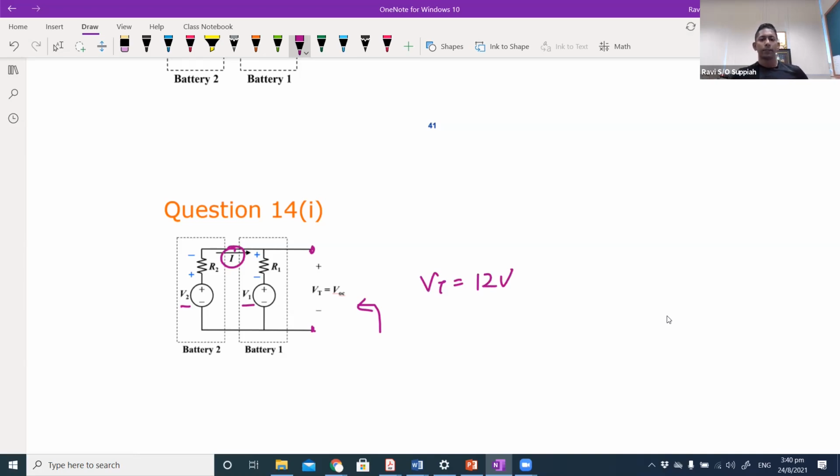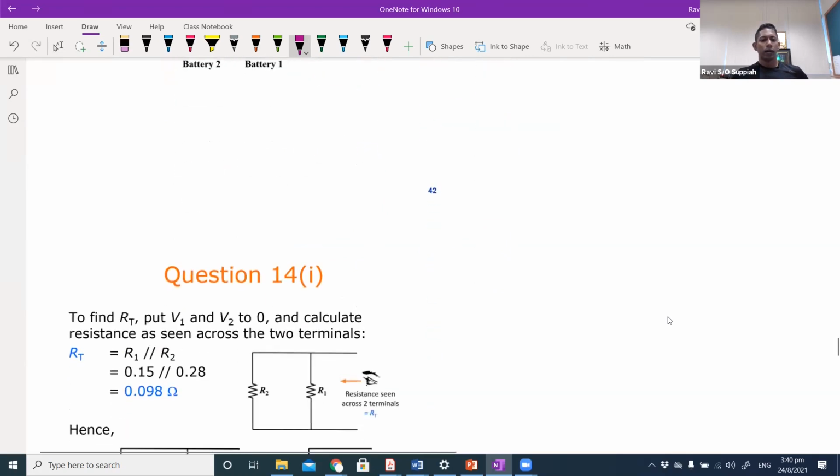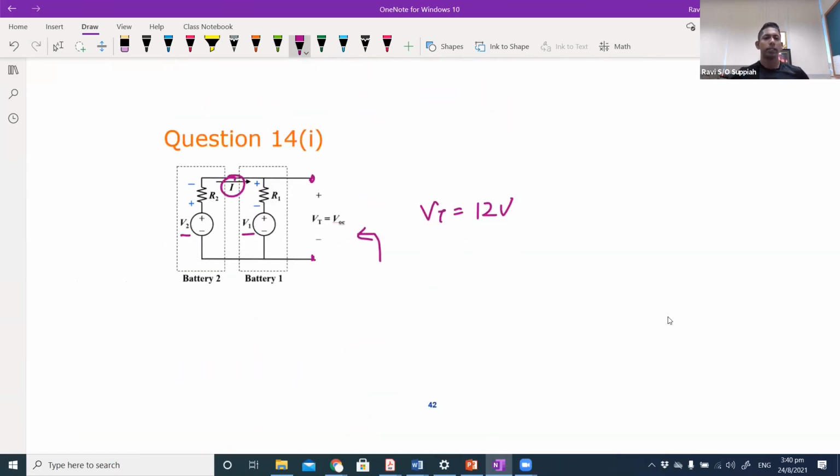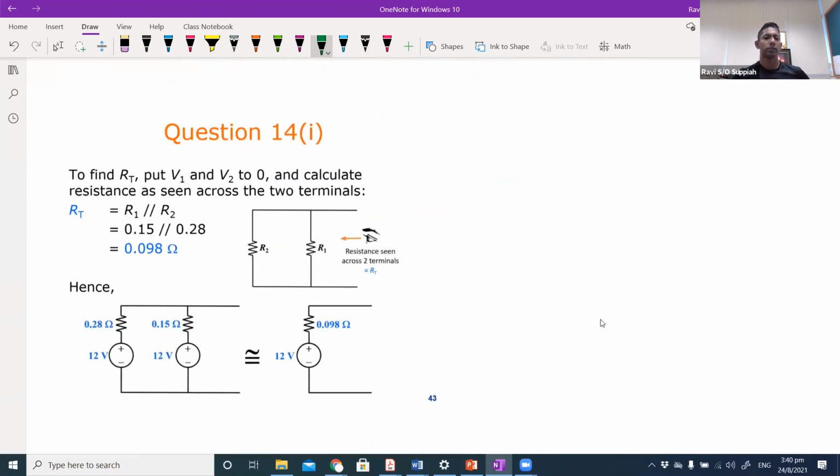In terms of the RTH, you remove both the supplies and short circuit them. Like I said, if you imagine the current that comes here will split into this branch and this branch, which means that both of them are in parallel. When both of them are in parallel, the total resistance is 0.098.